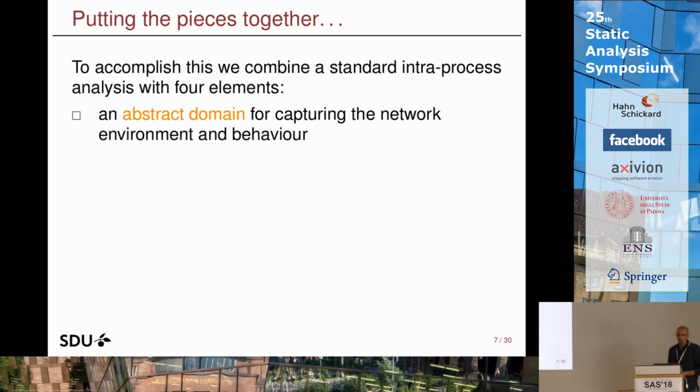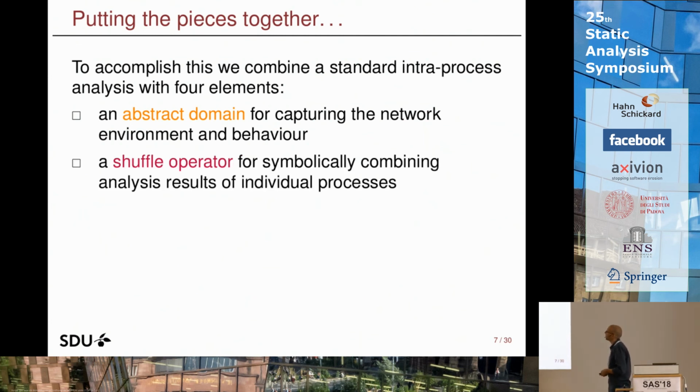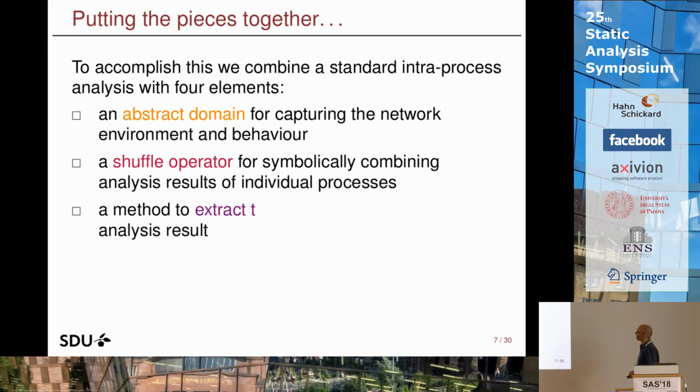To pull something this crazy off, what do we need? Well, we need some kind of abstract domain for expressing the network environment and behaviors. We need some kind of operator, a symbolic shuffle operator, it turns out, to combine the analysis results.